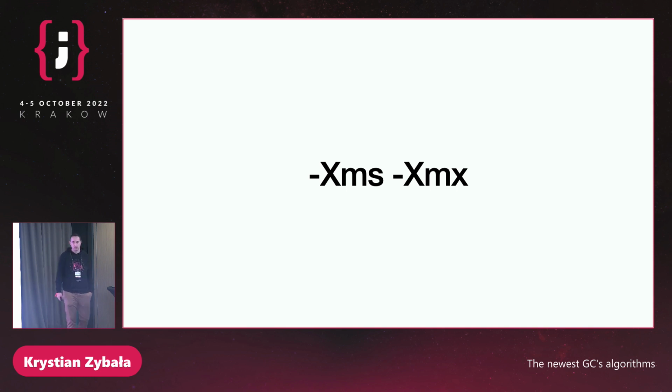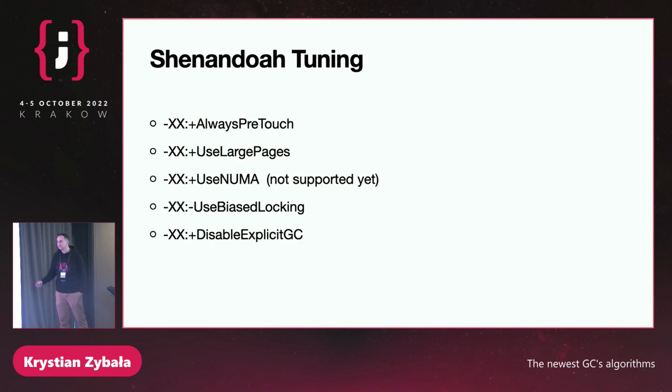We only have to indicate minimum heap size and maximum heap size, because Shenandoah has a lot of heuristics and a lot of techniques to decide how many CPUs to give to a particular GC cycle and so on.